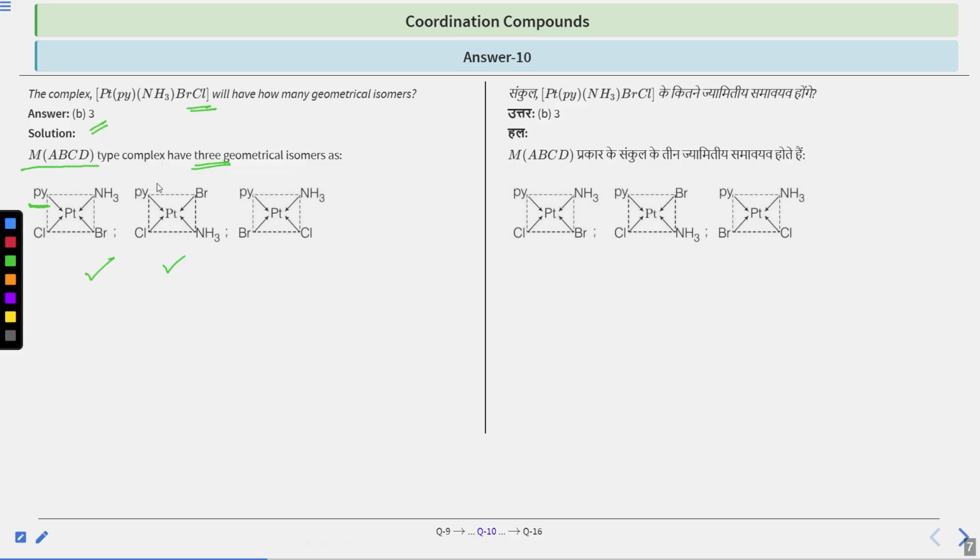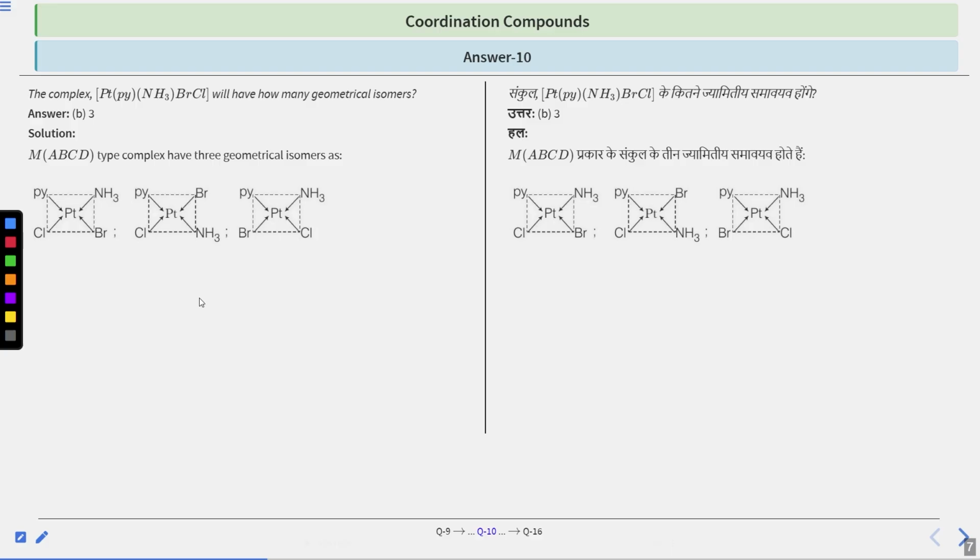Again we fix the position of pyridine and interchange the rest of the ligands, and we get the third geometrical isomer: platinum, pyridine, ammonia, chlorine, bromine. All these 3 are different from each other, and hence we get 3 geometrical isomers for the given MABCD type complex, and thus option B is the correct answer.